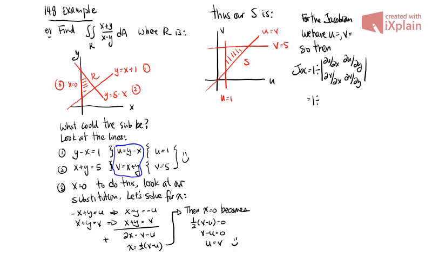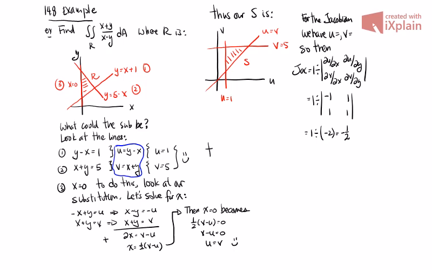This is all coming from the formulas in blue on the left. So partial u partial x is -1. Partial u partial y is 1. Partial v partial x is 1. And partial v partial y is 1. So this is 1 divided by, this is -1 minus 1, which is -2. This is -1/2.